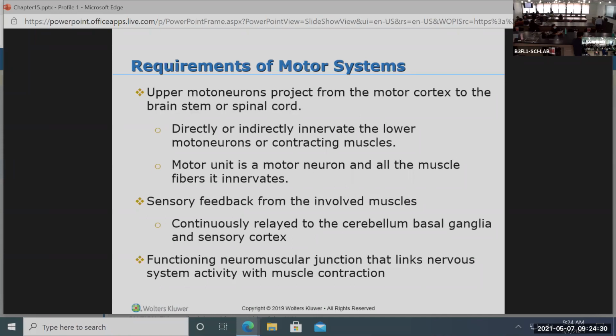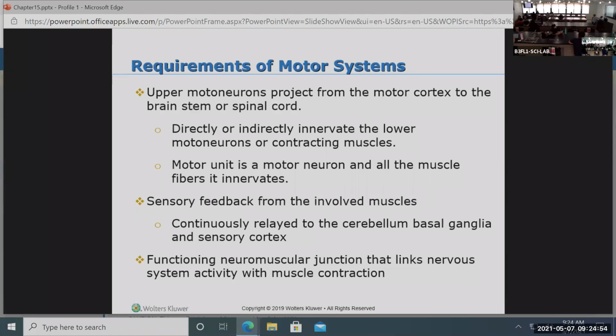What is the name of the sensory receptors in the skeletal muscles, which provide information to my brain? The ganglia? Anybody? No? At the Zoom? Somebody posted something.